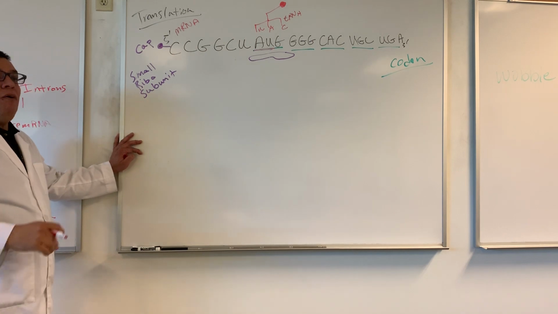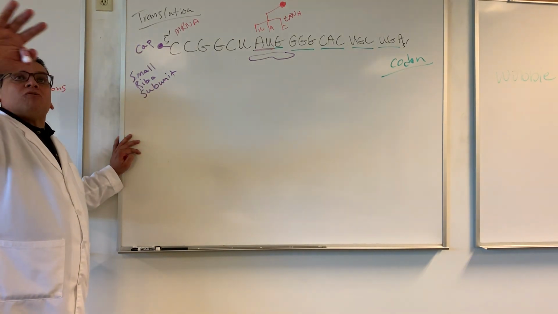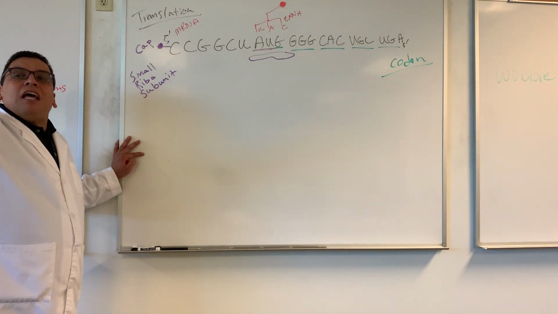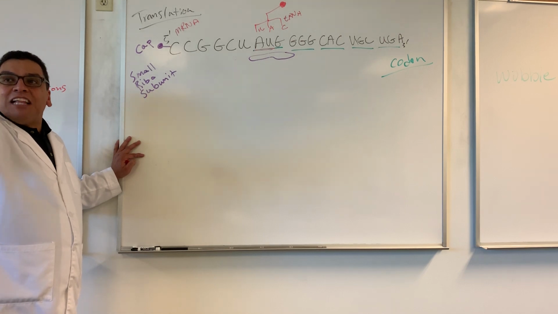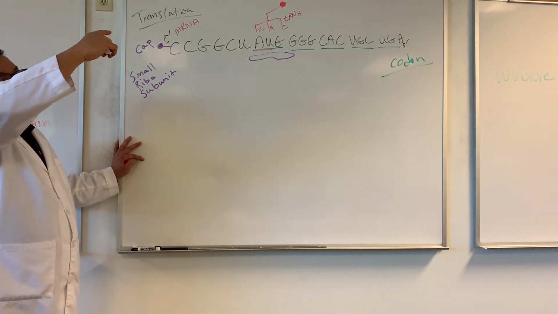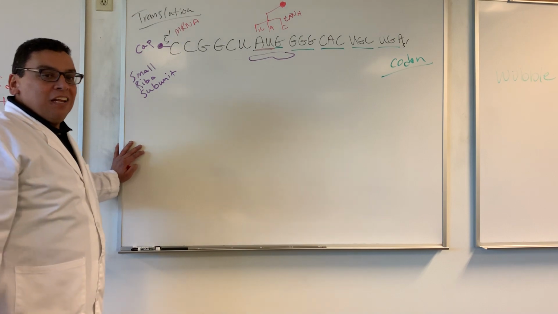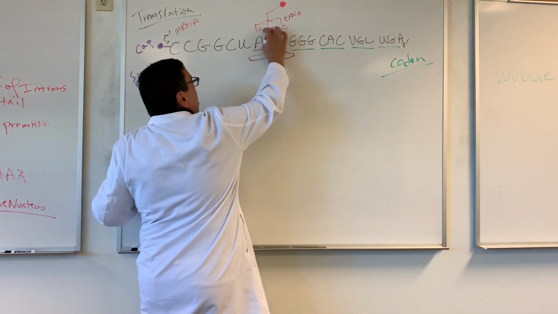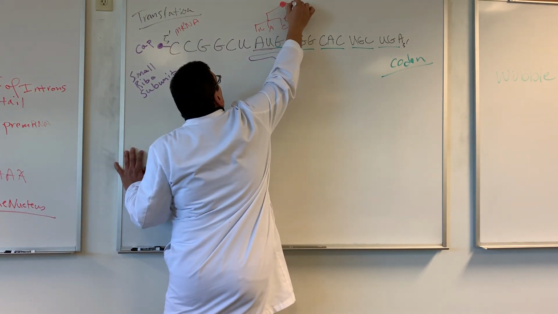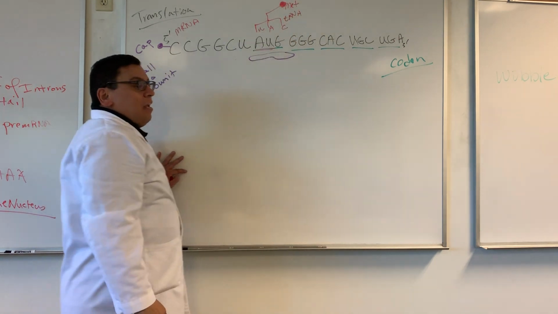So what it's looking for is, among all the delivery trucks, who has the UAC license plate? That truck is always going to be loaded with methionine. That's how it does it. The anticodon, UAC, will always come with methionine.